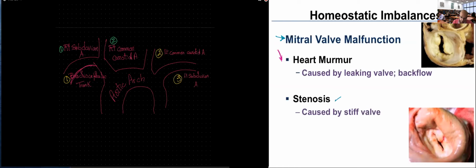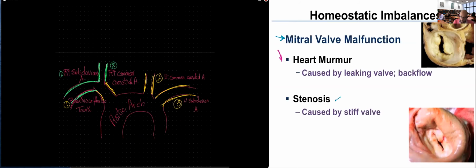How many branches? Three. Brachiocephalic trunk, left common carotid artery, left subclavian artery. How many branches from the brachiocephalic trunk? Two. Right common carotid and right subclavian artery. All right, great.